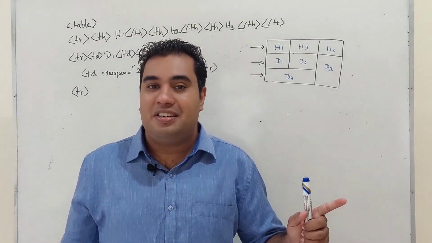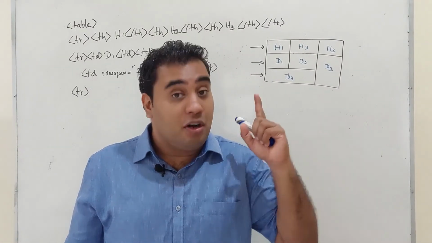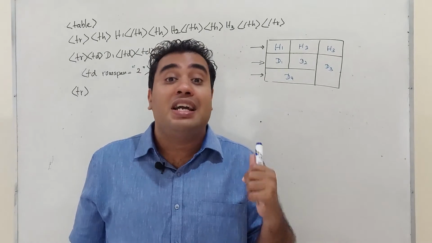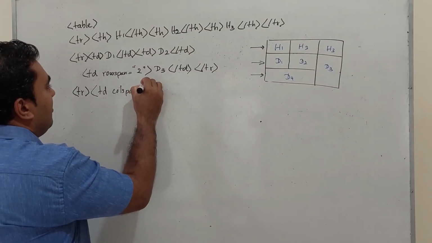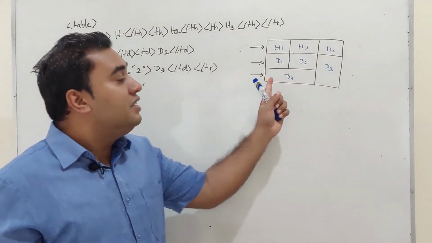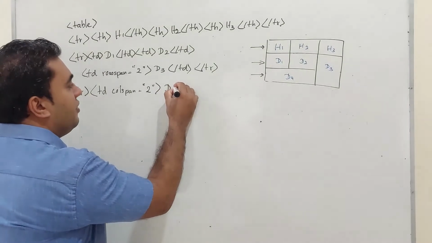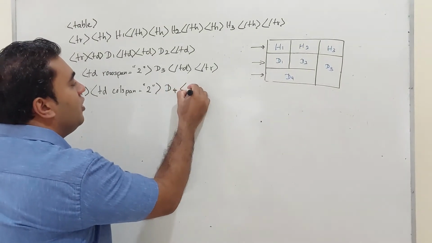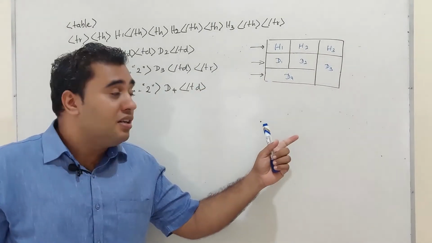To do that, again we have to use an attribute, not rowspan, but here it is colspan. And the value again is 2 columns, and the data we find within that cell is D4. That is the end of that data.